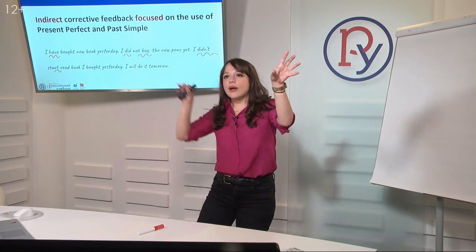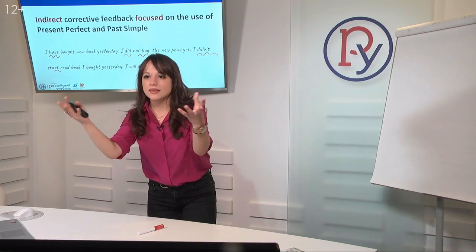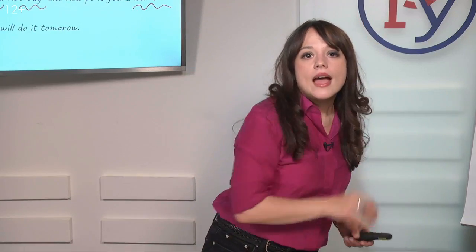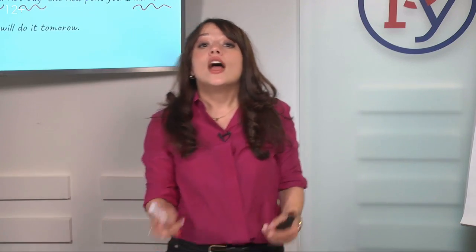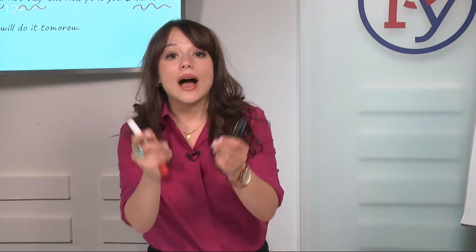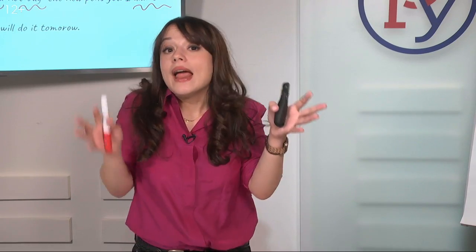You can go with indirect focused feedback, or with direct unfocused feedback, which will probably be the easiest. You correct everything and you actually provide them with the correct answer. Now, you can mix and match.